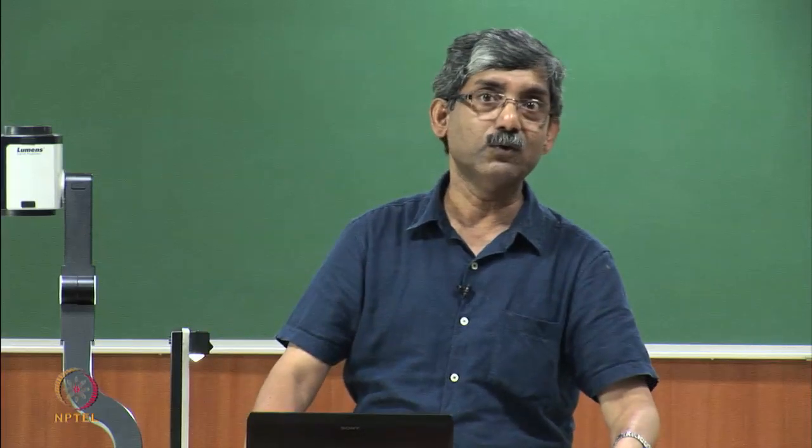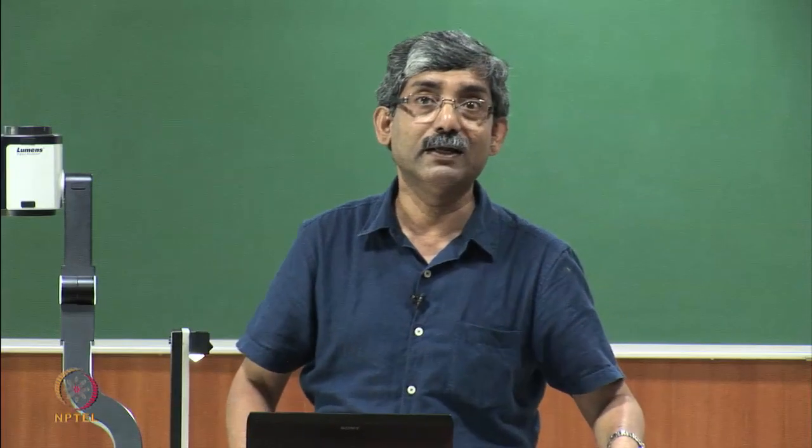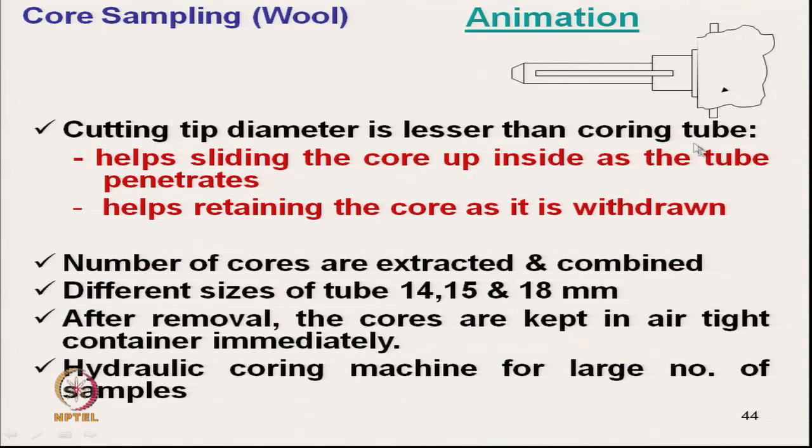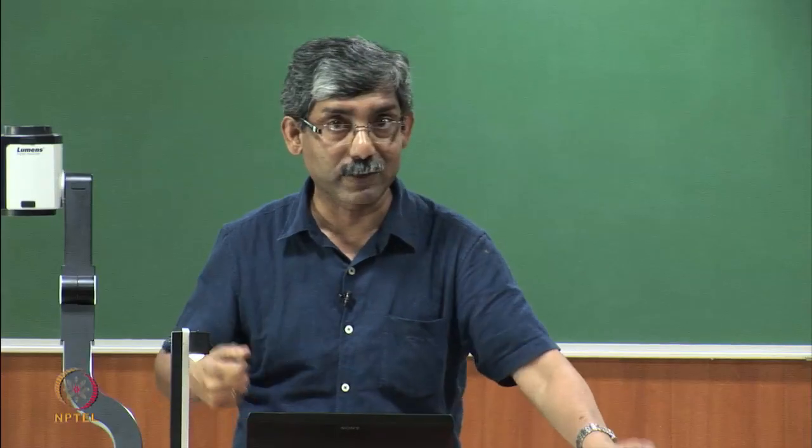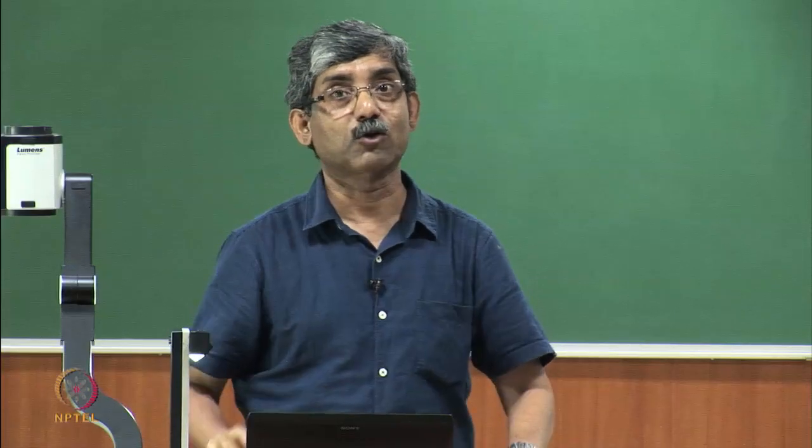So, we do not open this polythene bag, so that it does not get exposed to the environment. A hydraulic coring machine is there for a large number of samples. It has automatic hydraulic pressure, so it penetrates automatically.